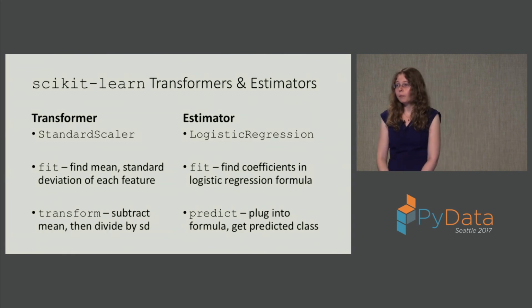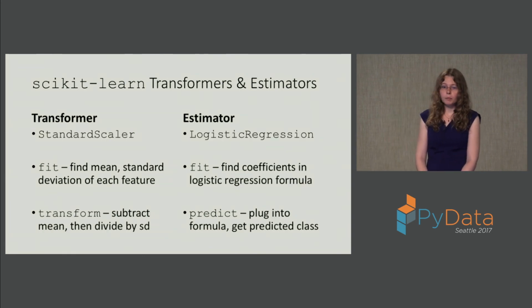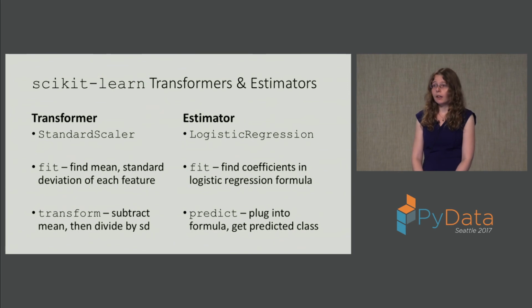So for example, one common transformation you might want to do is the standard scalar. In the fit method, it will find the mean and standard deviation of each column from the training data. And it saves these values. And whenever you call transform, it subtracts that mean and then divides by that standard deviation on the new column.